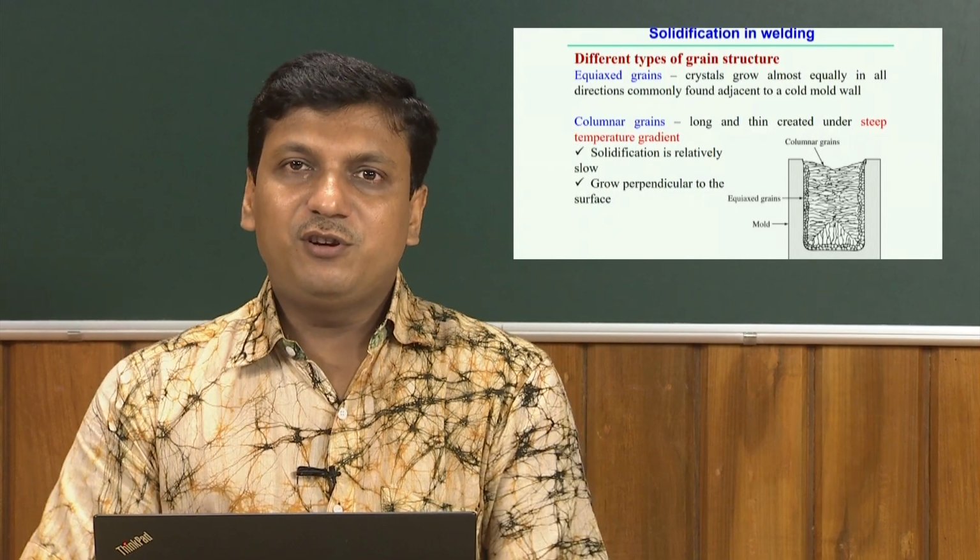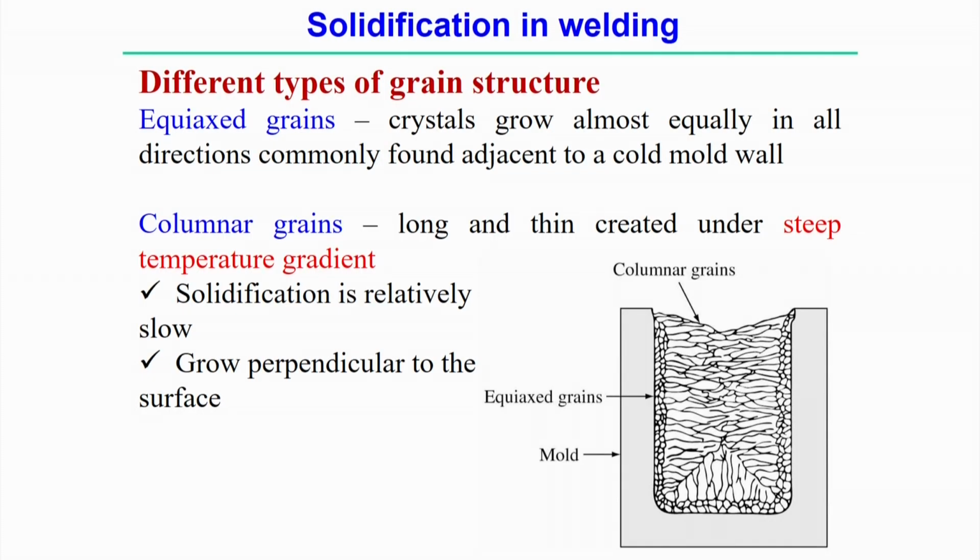Now, during this solidification process, we can expect different types of grain structure. Normally, one is the equiaxed kind of grains. If we consider the molten pool within the container, then the surface acts as a heterogeneous nucleation site.